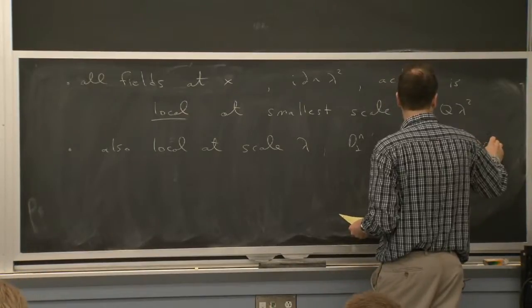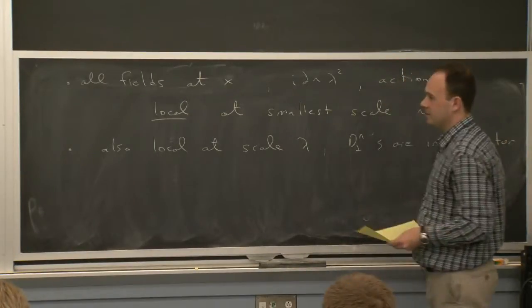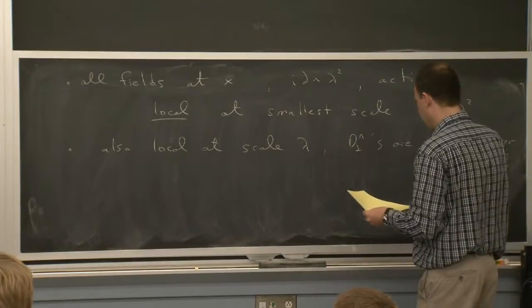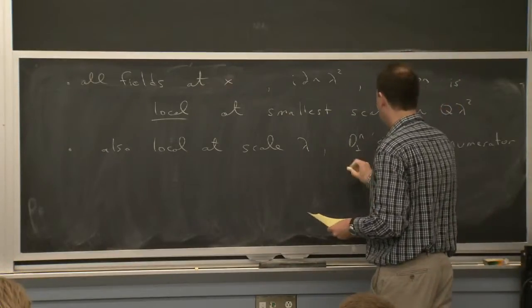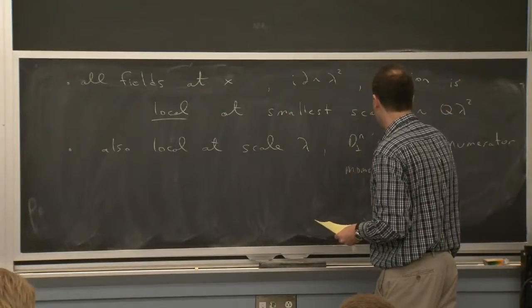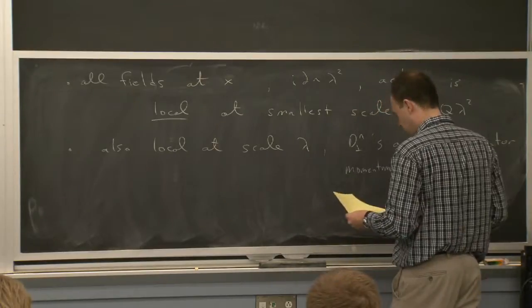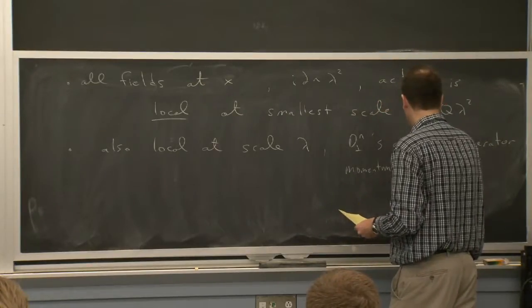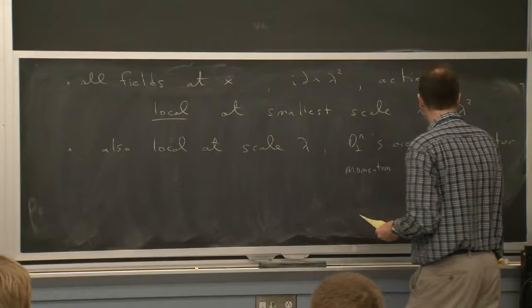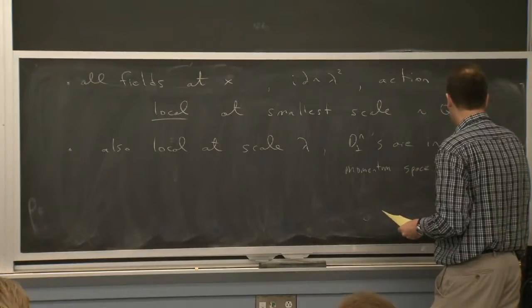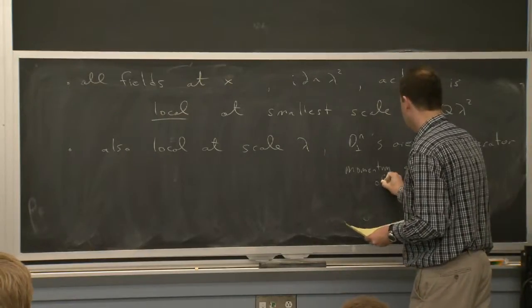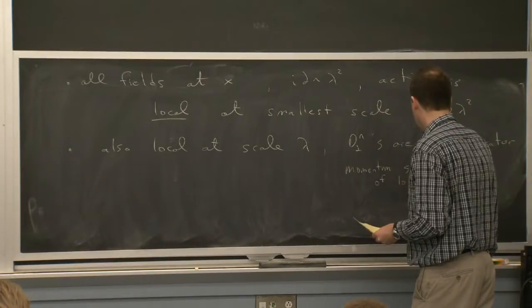And so if you like, we've just written something in momentum space, and it's the momentum space version of locality at the scale lambda. And we've hidden all the momentum space, so it even looks local. But if we were to write out the indices, again, we would see that it's the momentum space version of locality.